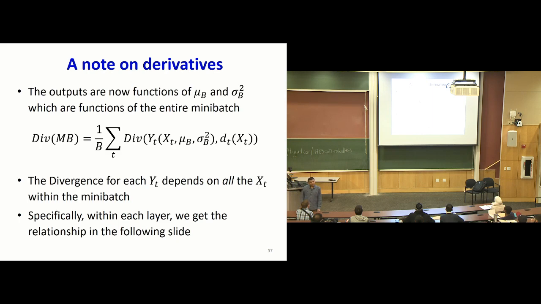The moment I begin considering batch normalization, that goes away, because this output is now a function of not just this current input in the mini batch, but the mean of the mini batch and the variance of the mini batch. And the mean and the variance involve every other instance in the mini batch, right? So that means this becomes a lot more complicated than you would actually have thought.